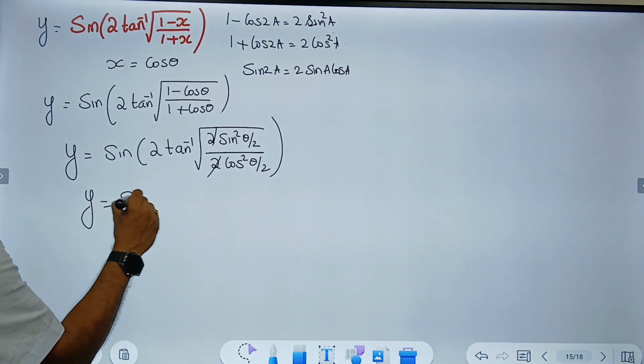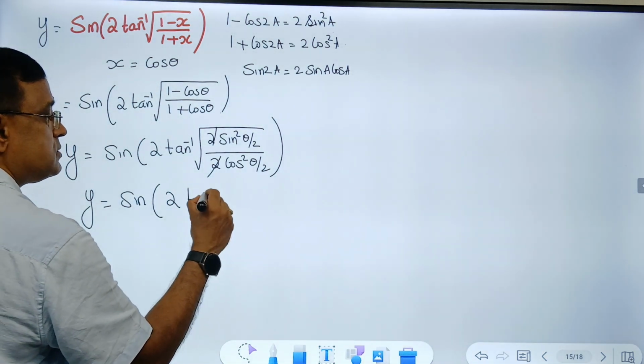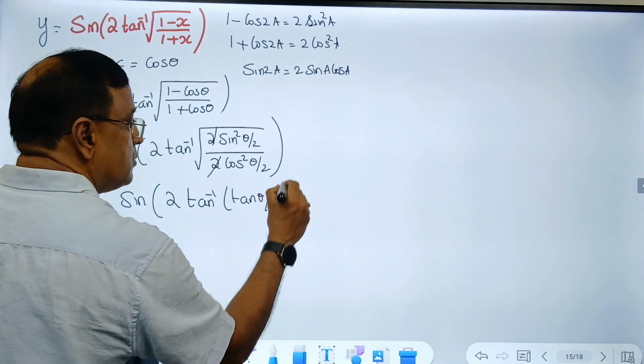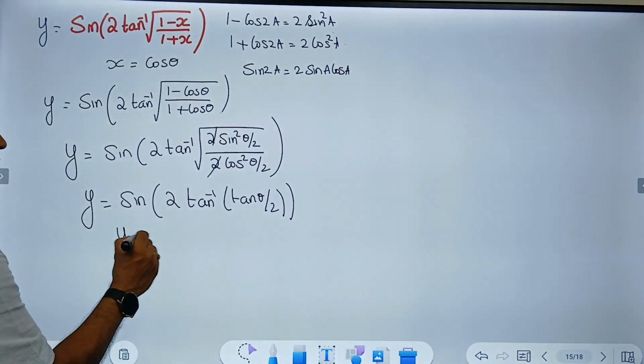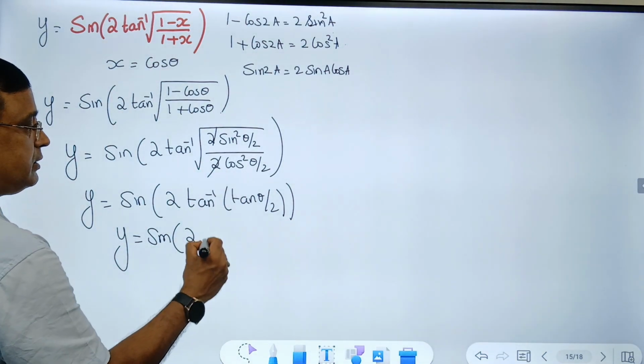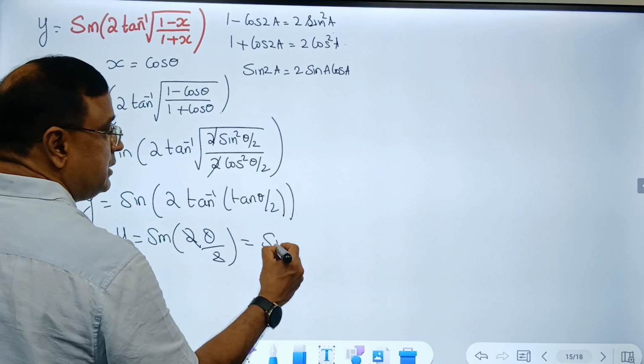This is sine of 2 tan inverse of tan theta by 2. I remove the square root. So this is y equal to sine of 2 tan inverse of tan theta by 2, which is theta by 2. So they get cancelled. You get sine theta.